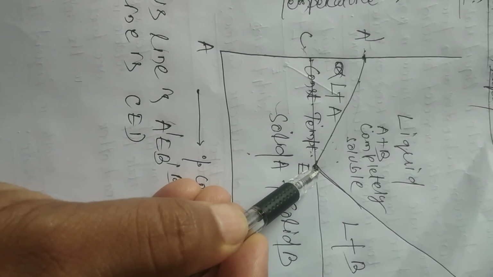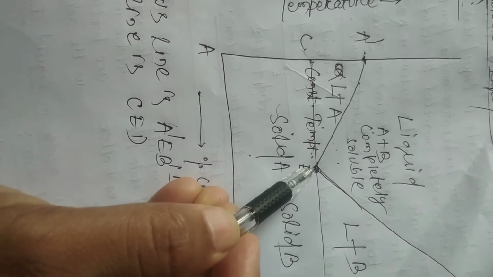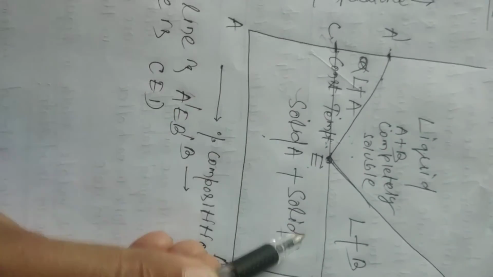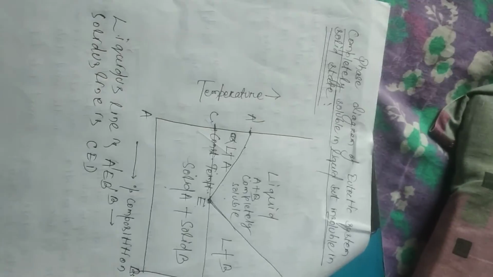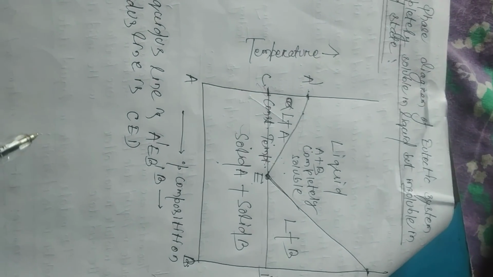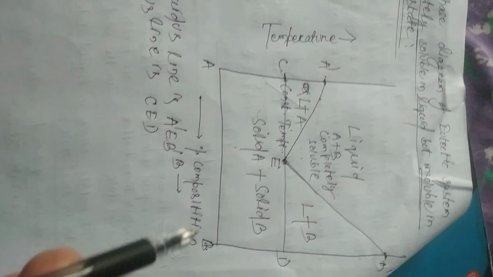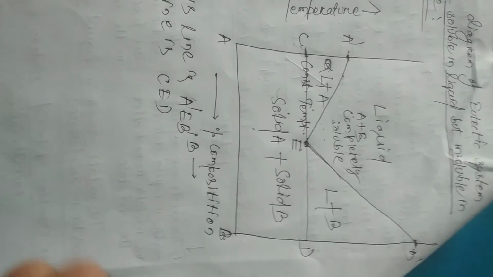And this E point is known as the eutectic point. This temperature is known as the eutectic temperature. This is all about the eutectic system, where both the elements or components are soluble in the liquid state but insoluble in the solid state.